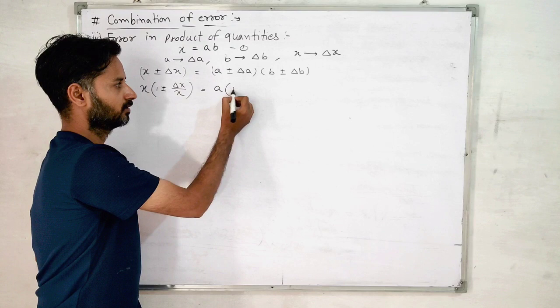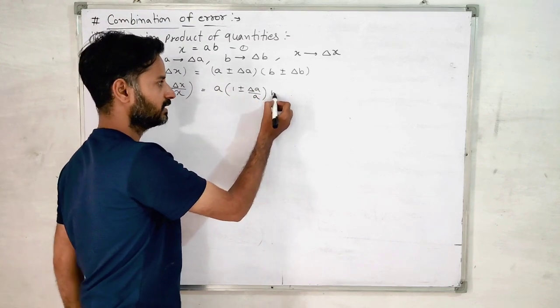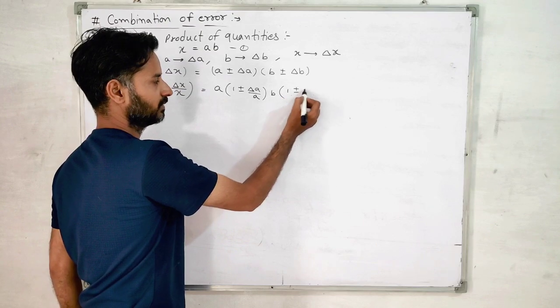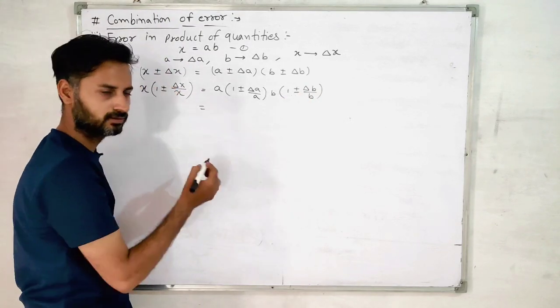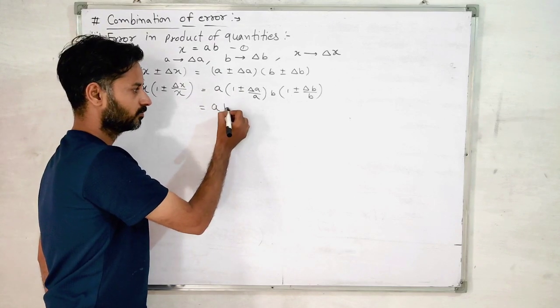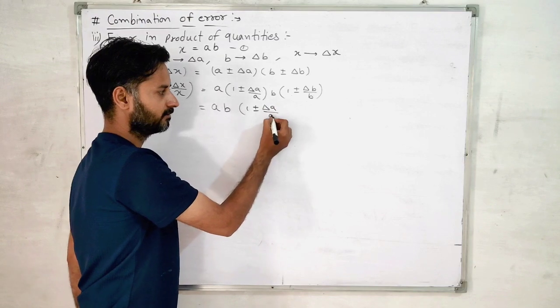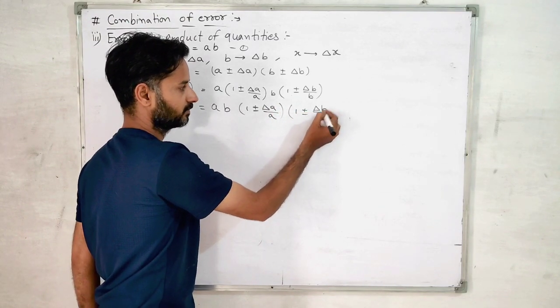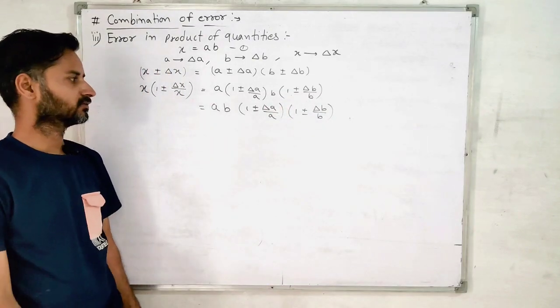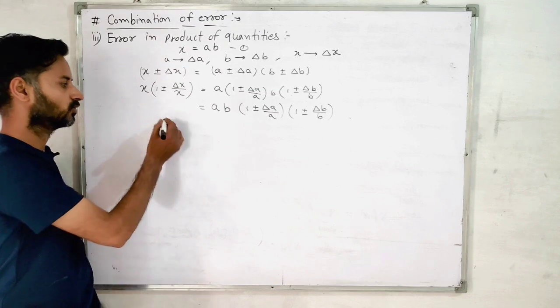Here a(1 plus minus del a divided by a), b(1 plus minus del b divided by b), or a into b, bracket 1 plus minus del a divided by a, bracket 1 plus minus del b divided by b. By using equation 1 we get ab is equal to x, and this x will cancel this.